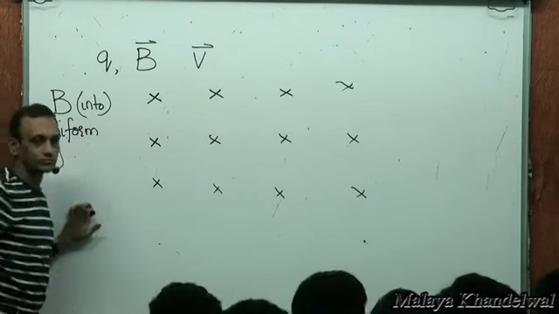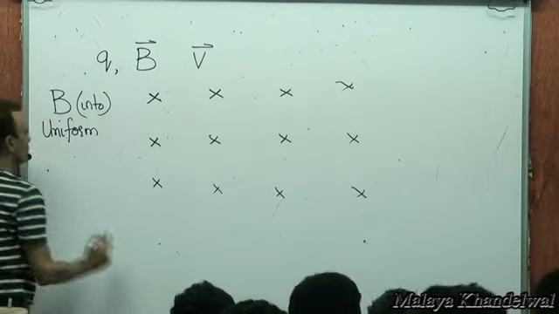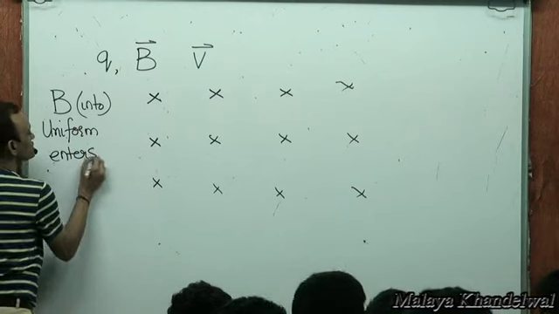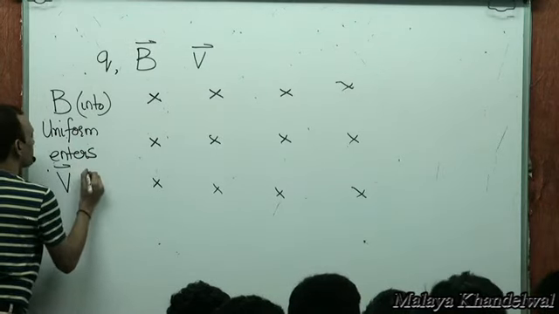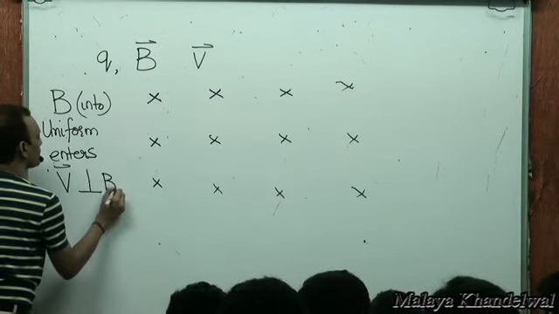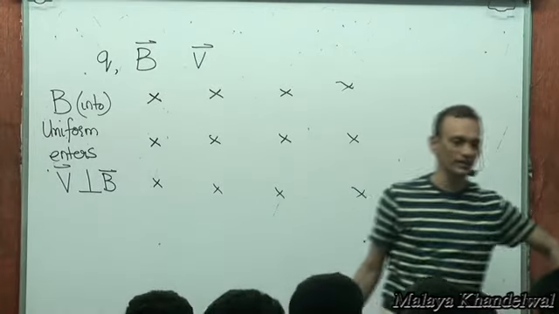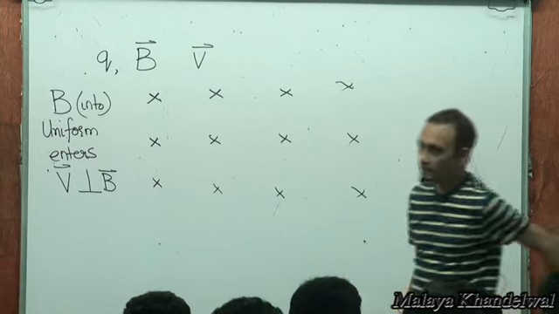This is a region. And charge Q enters this region with V perpendicular to B. Right?